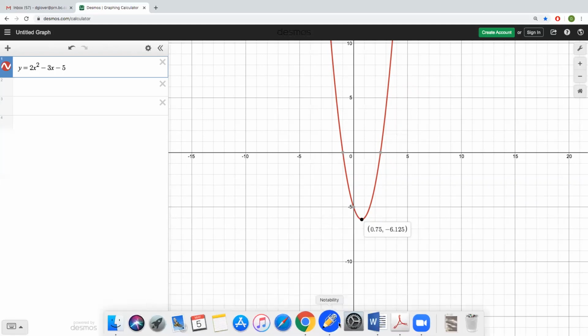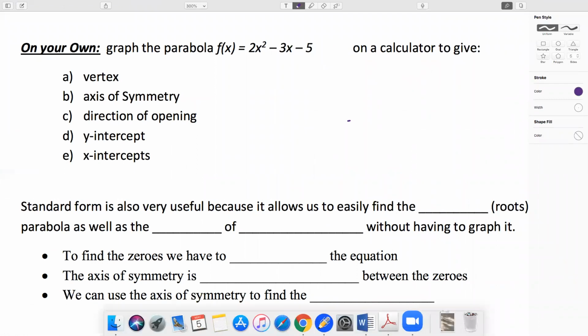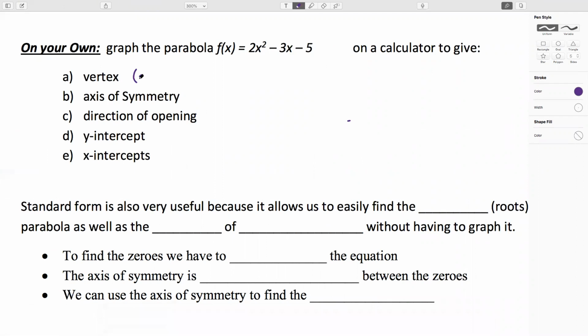So we can go back now. We can fill in each of these different things. Our vertex is at the point 0.75 and minus 6.125. The axis of symmetry is just the x coordinate of the vertex, so it's x equals 0.75.